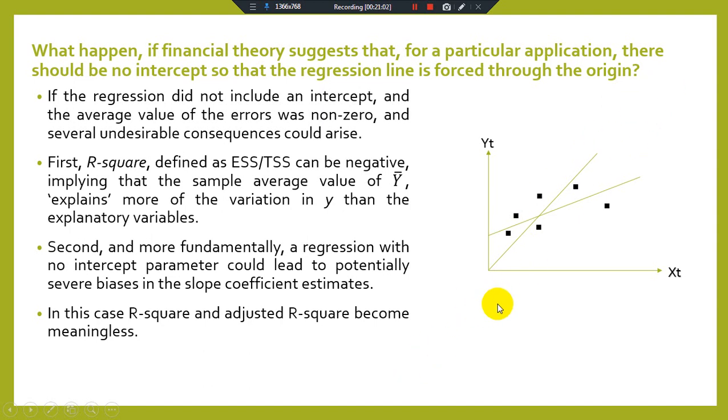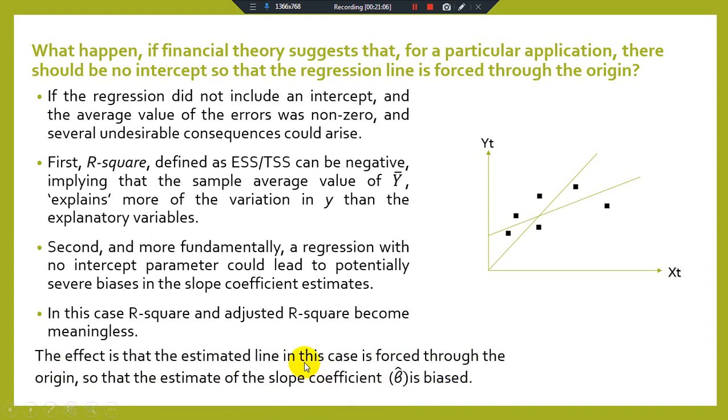So the effect is that the estimated line goes through the origin. In this case, the slope estimate is biased, so our estimated parameters become biased, and we cannot use these results for prediction or for policy suggestions. So we always prefer a model with an intercept.